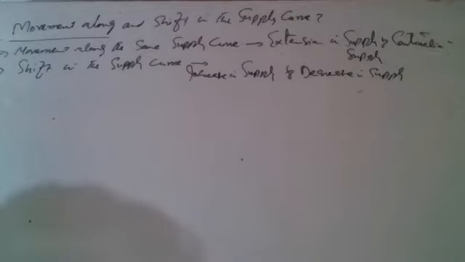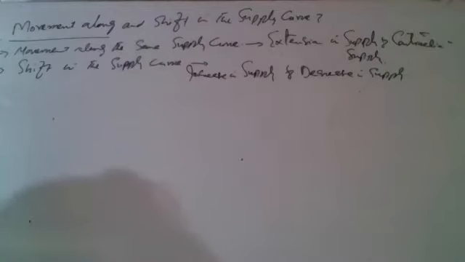What is movement along the same supply curve? When we move on the same supply curve from one point to another point, it can be either extension in supply or contraction in supply.